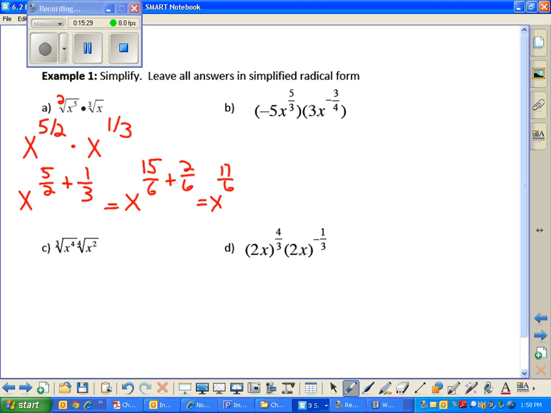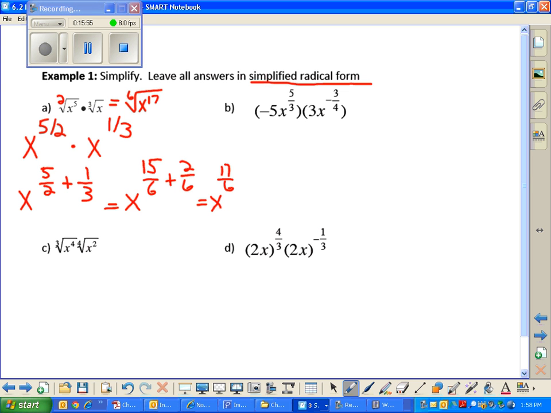17/6. Check out the answer, though, or the directions, I should say. Oh, we have to leave it as a simplified radical. Oh, man. So we have to do our ER rule to actually rewrite this as the 6th root of x to the 17th. Is that done? The 6th root of x to the 17th? No. What do I do to simplify that now?